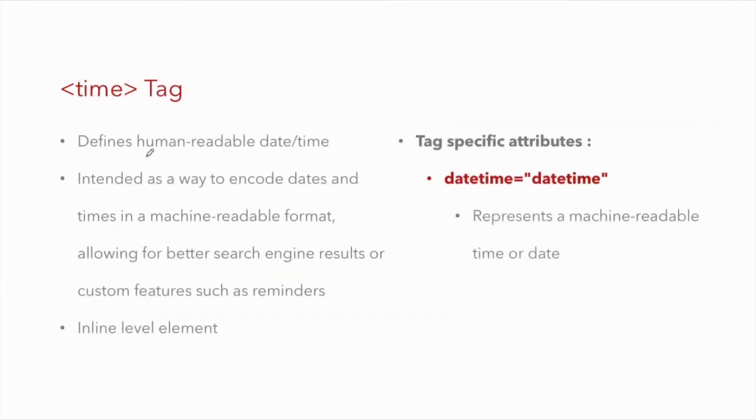Finally we have the time tag, which defines a human readable date and time. It is intended to encode dates and times in a machine readable format, allowing better search engine results or custom features, like adding reminders on clicking that particular time object.